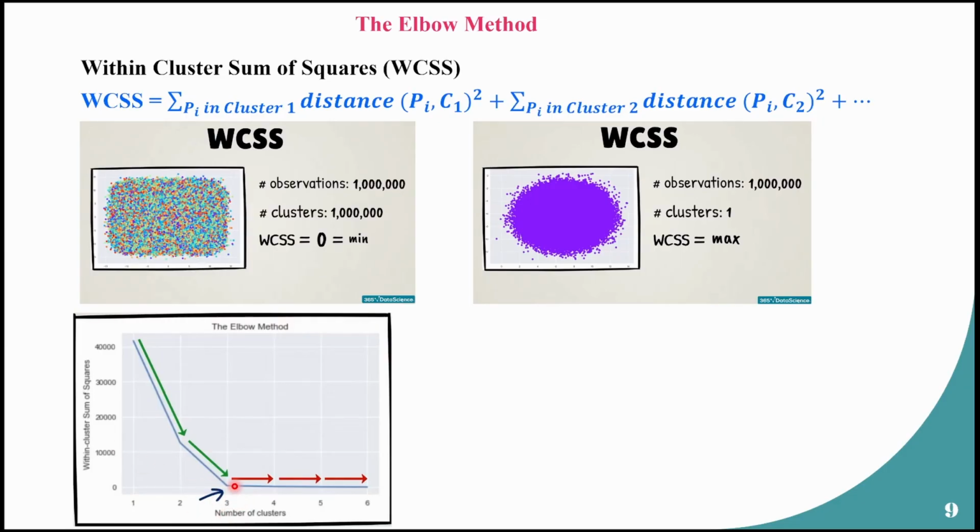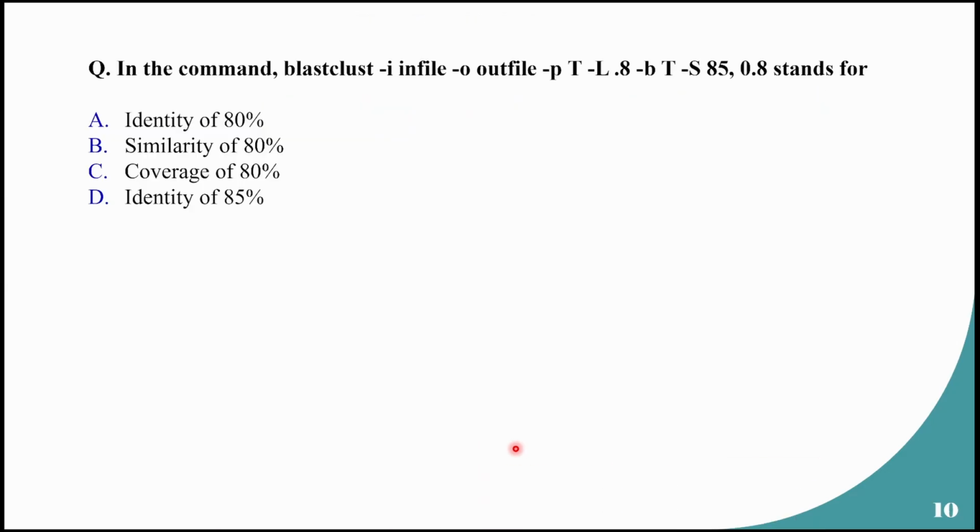That point is called the elbow point, and that is the optimal number of clusters that we can go for while analyzing a particular data set, right? So that is something that we also talked over.